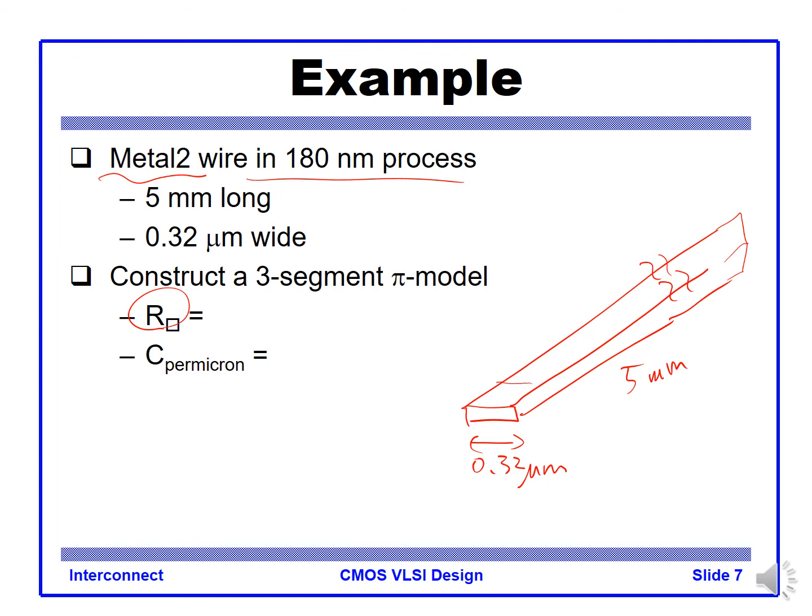Once we know the R square, we can count how many squares there are, so 5 millimeter over 0.32 micrometer gives us the number of squares, and multiplying by R square gives the total resistance. If we know the capacitance per micron, we can calculate the total capacitance there, right?